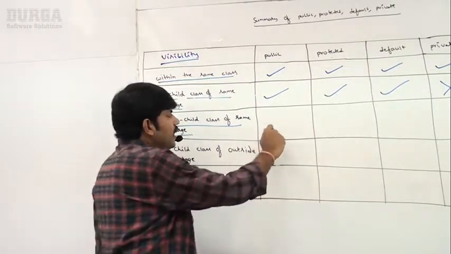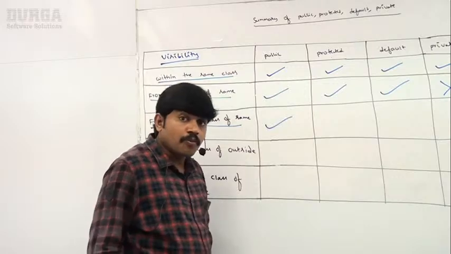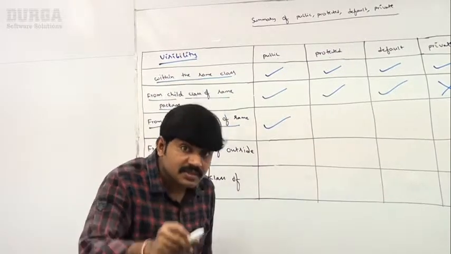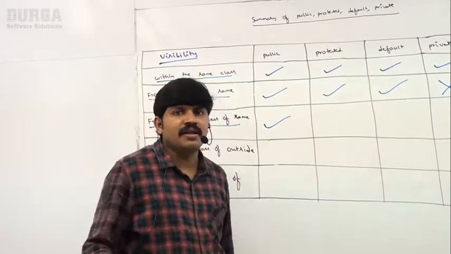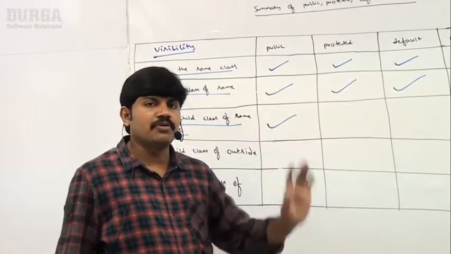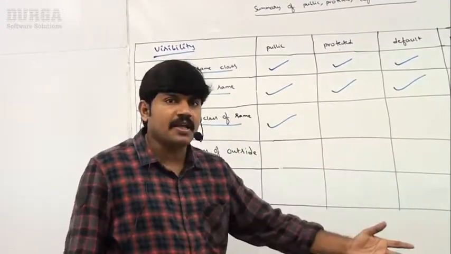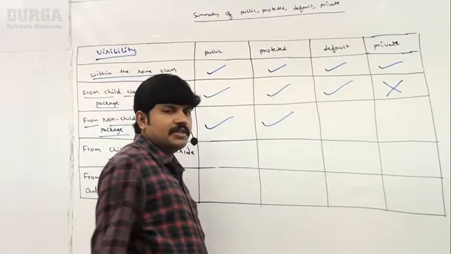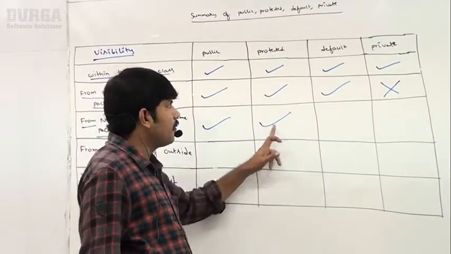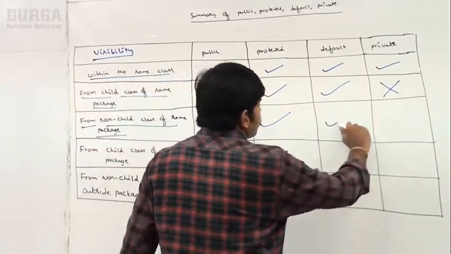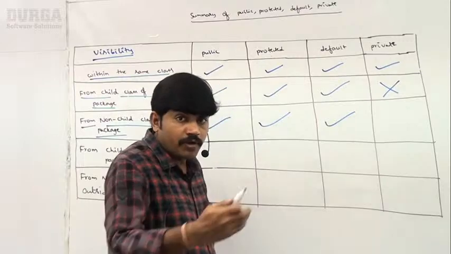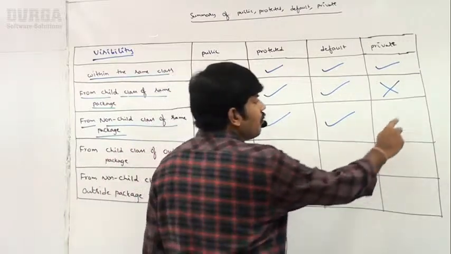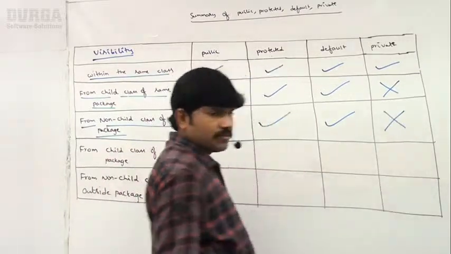Public is accessible anywhere, protected within the same package whether child or non-child with no restriction, and default also acceptable. From outside of the class you can't, that's why private is not possible.